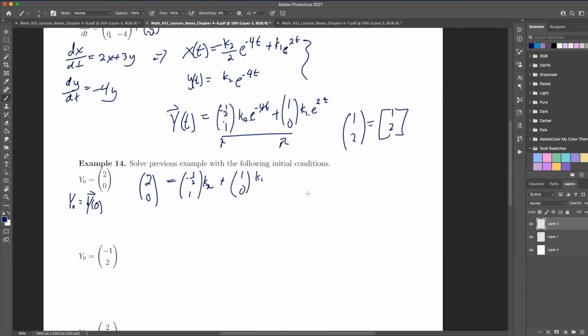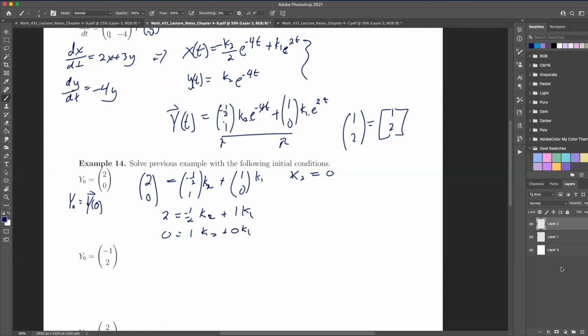Well, do we need to put this into a system of equations and solve it in reduced row echelon form? No, right? Here I know the bottom part better be 0. That means k2 has to be 0 because there is no k1, right? That means k2 is 0. Quickly, if I wrote this out, this would be 2 equals minus a half k2 plus 1 k1, 0 equals 1 k2 plus 0 k1.